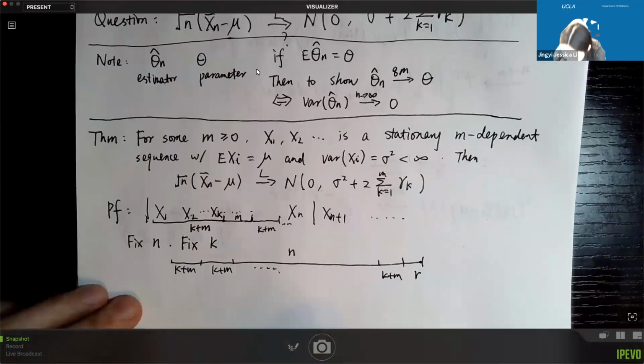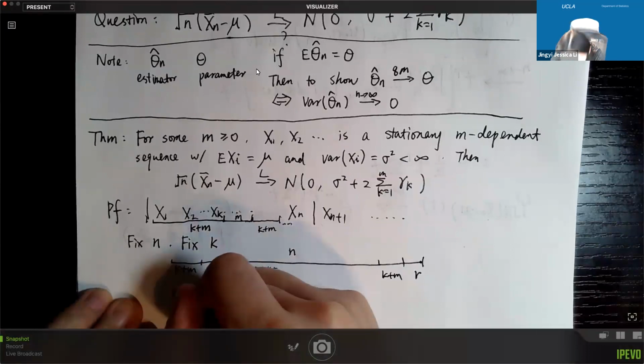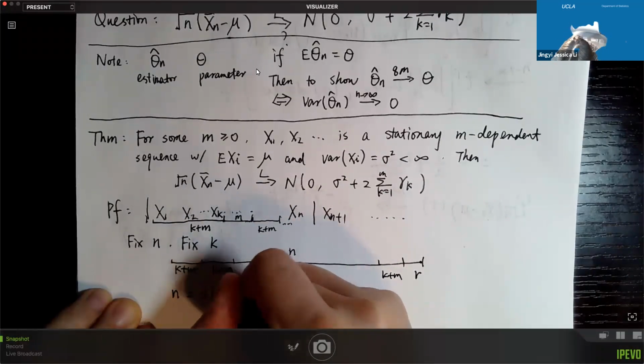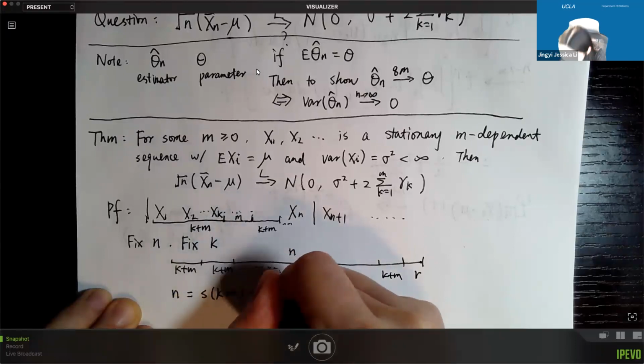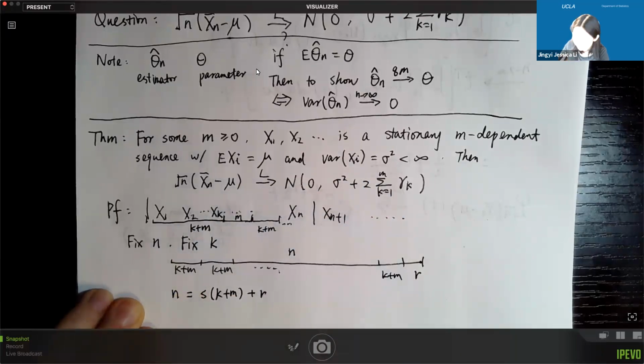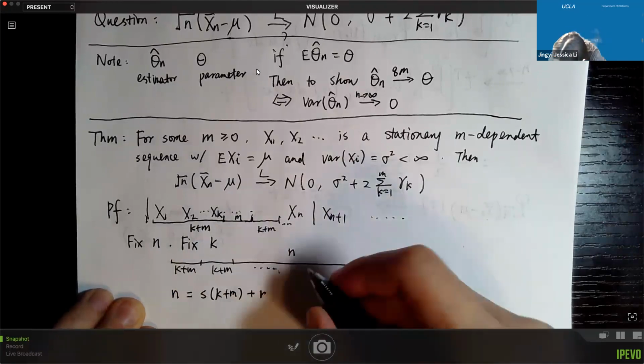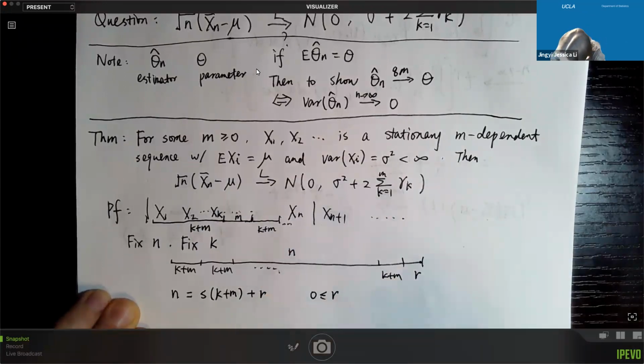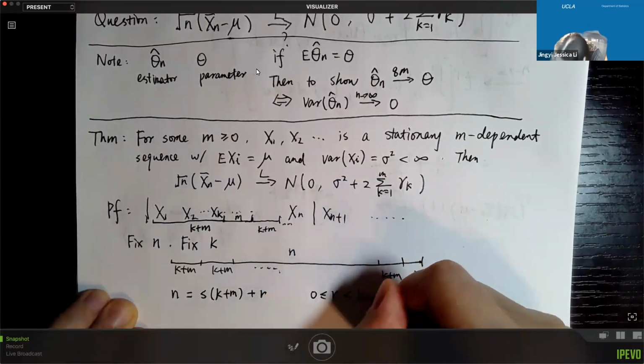So essentially, I can write n equals s times (k plus m) plus r. Since r is a remainder, r is non-negative but less than k plus m.